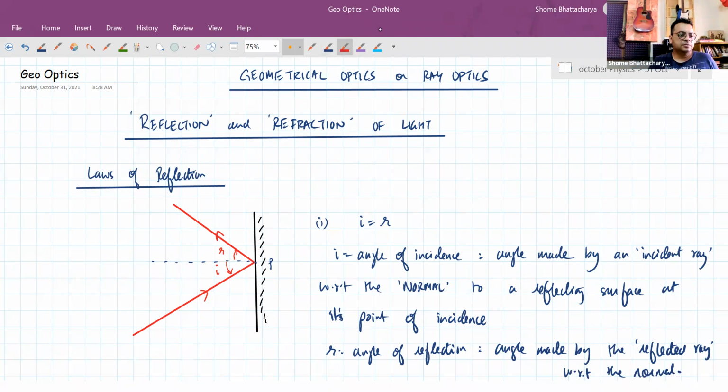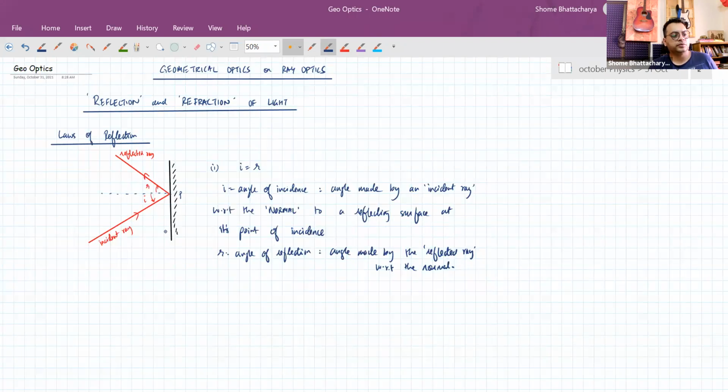In this diagram, you can understand that this is the incident ray and this is the reflected ray. And this is what we generally call a plane mirror or a plane reflecting surface.